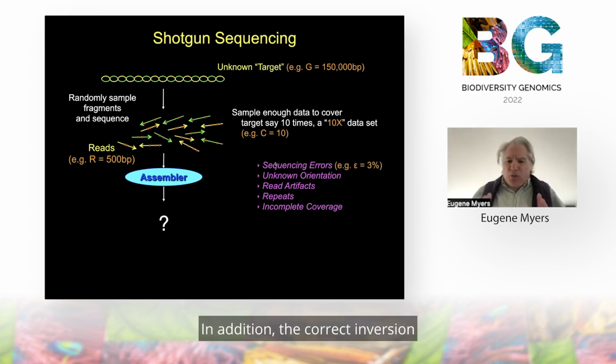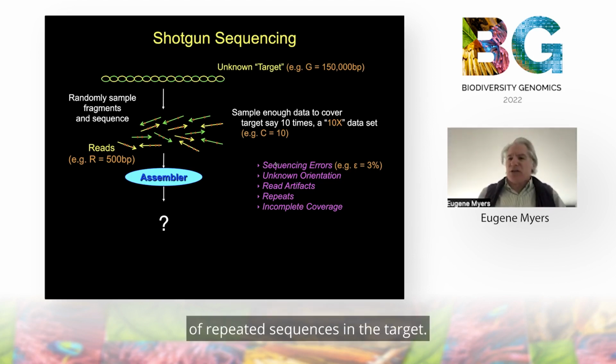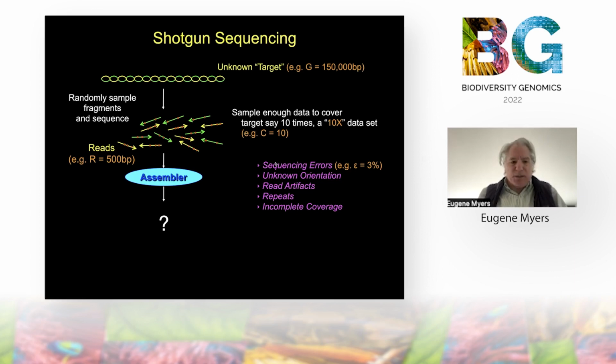In addition, the correct inversion becomes very difficult to infer in the presence of repeated sequences in the target. And finally, portions of the target may not be represented in the data set due to undersampling or sampling bias.